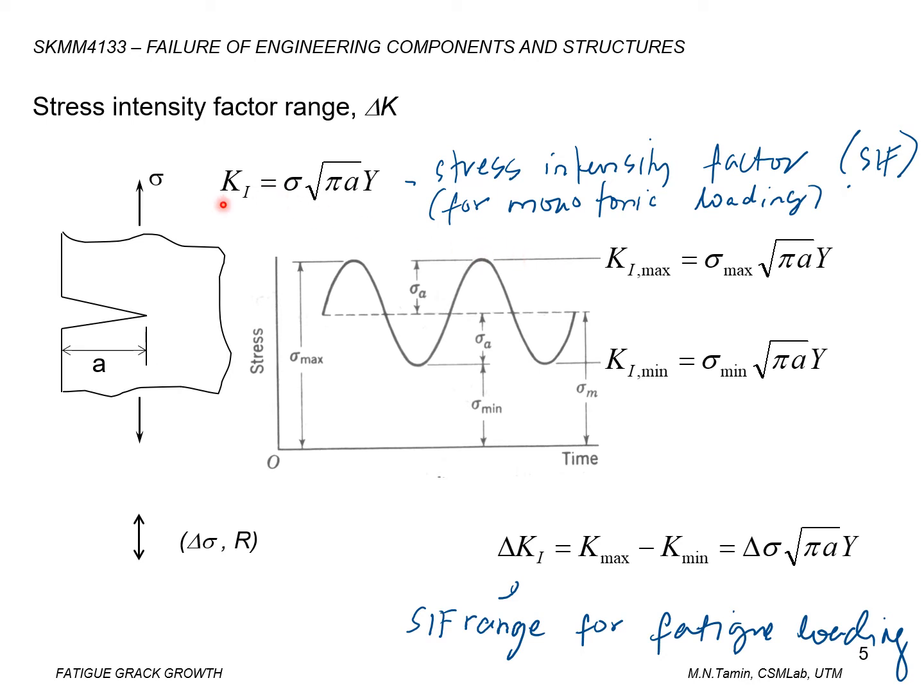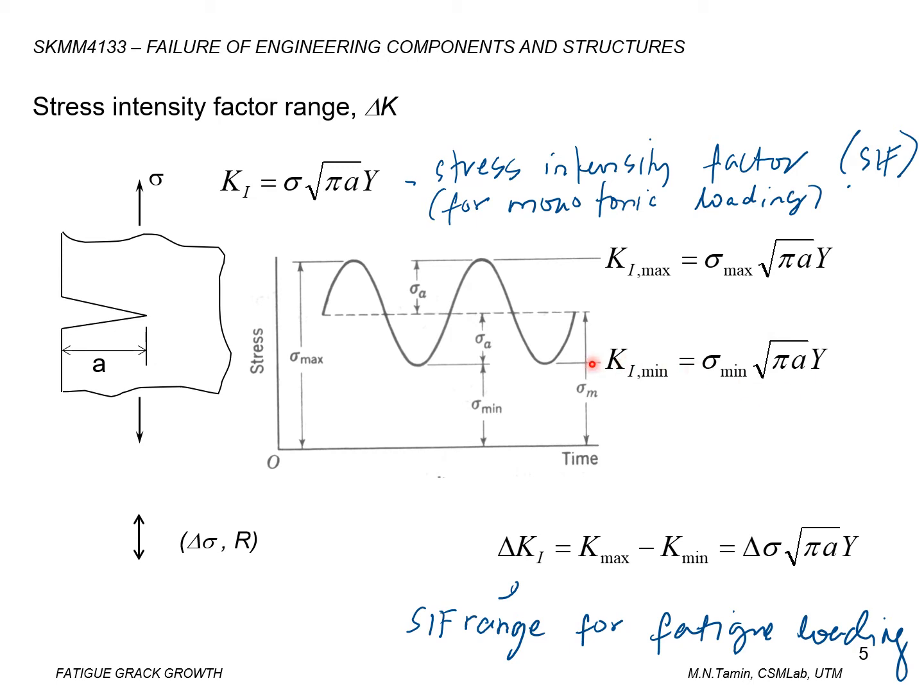So K1 maximum is equal to sigma maximum multiplied by this term. Again, we apply the same equation at the minimum load level, where K1 minimum is equal to sigma minimum multiplied by this term.